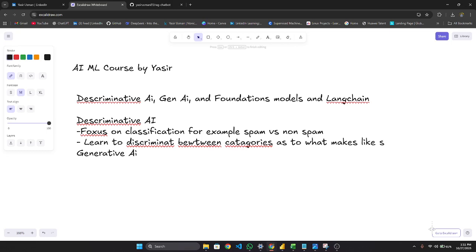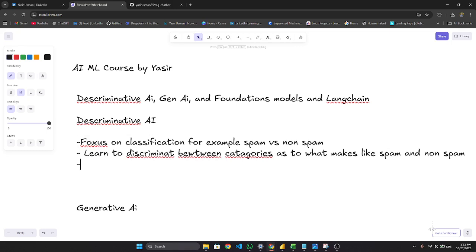How would we differentiate between each of them, and what is the core feature that makes them different from each other? Another example would be image classification, e.g. cat and not a cat.